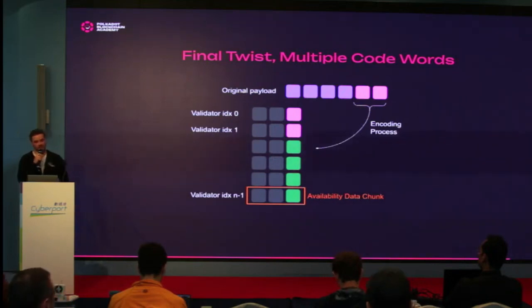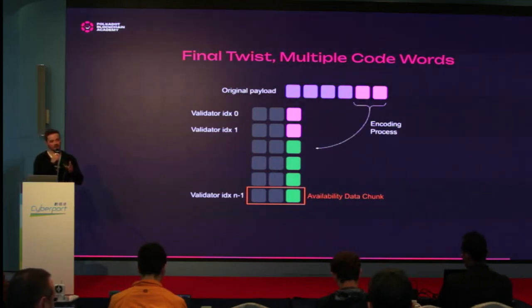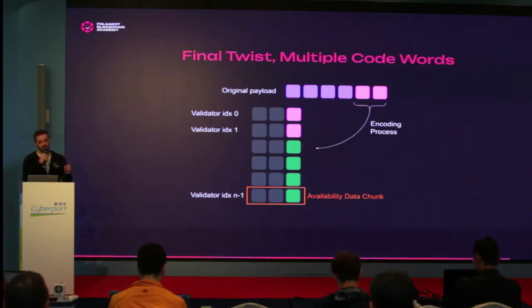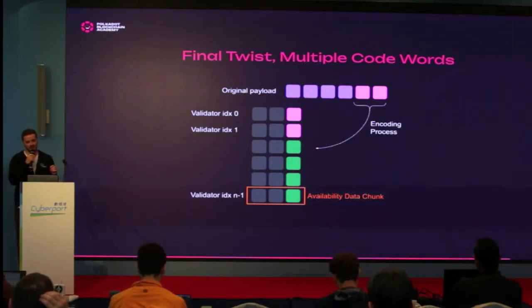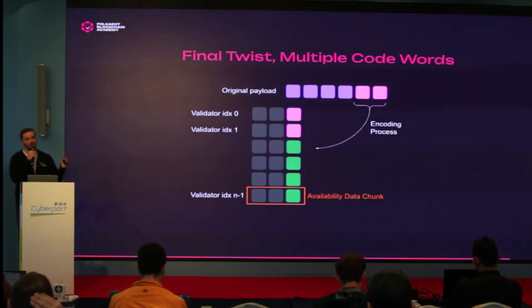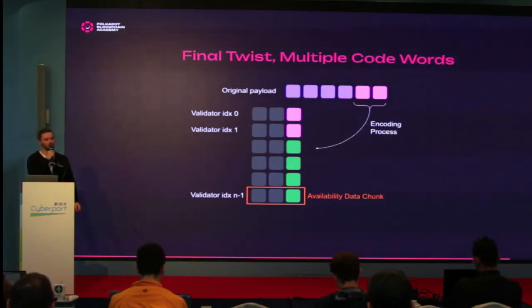Because validator 0 has chunk 0 from every code word, and because that's the same across all the validators, we have this nice guarantee that if we can reassemble the data from any one code word, then we can actually reassemble all of them. And that's why we don't need to think about there being multiple code words, even though there are multiple.